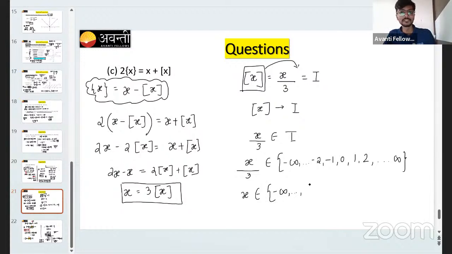Now -2 will become -6, -1 will become -3, 0 will be 0, 3, 6 और infinity को भी 3 से multiply कर रहा है तो क्या फर्क पड़ेगा.